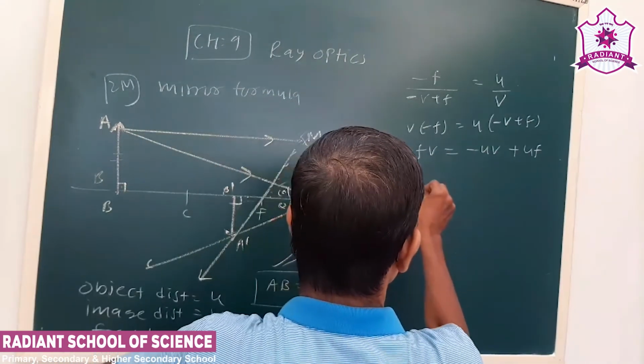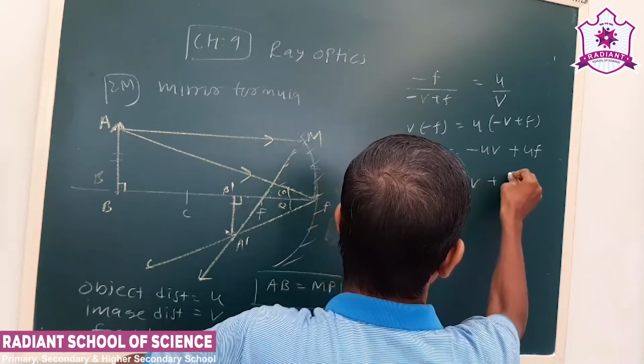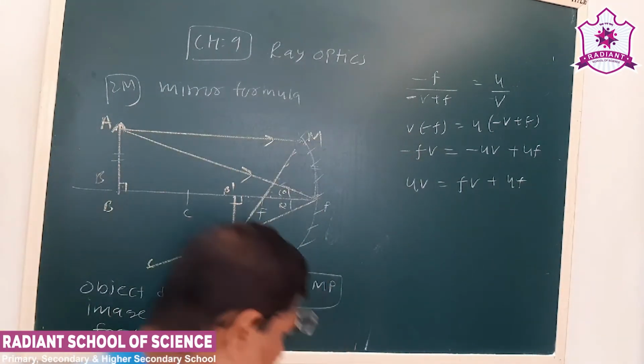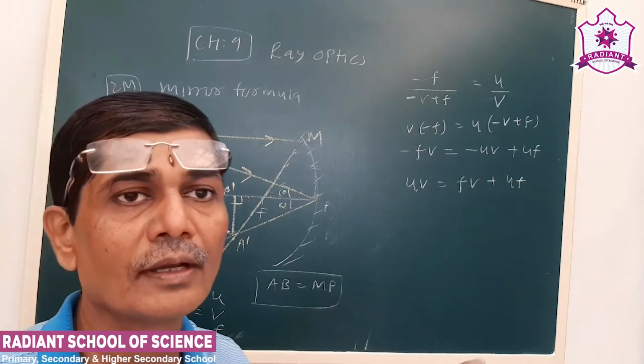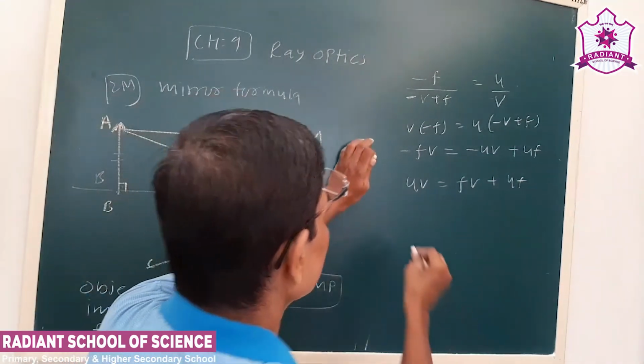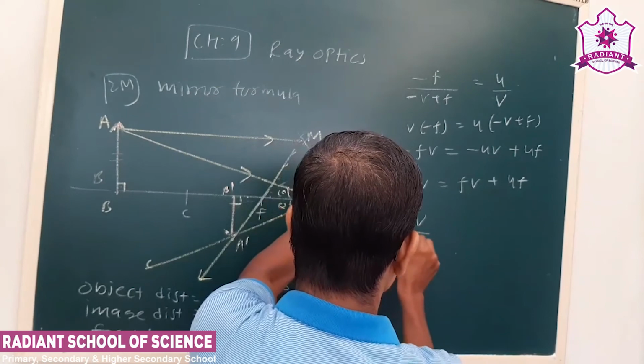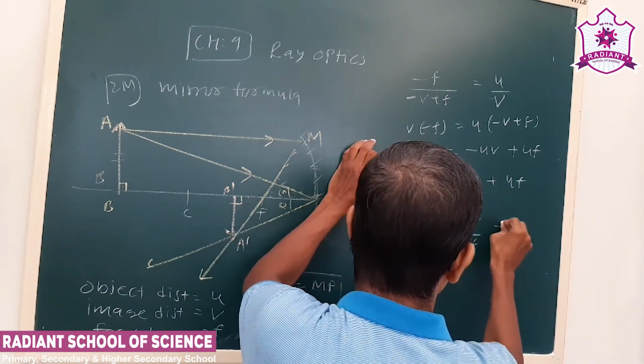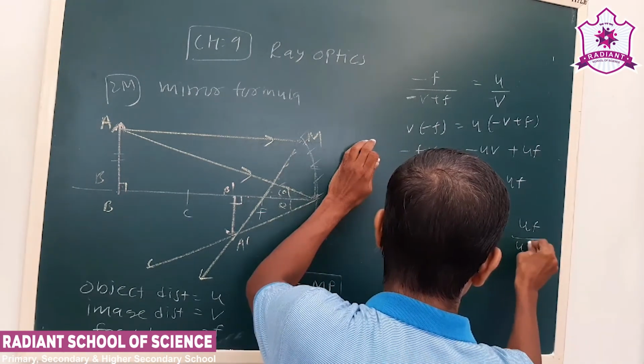So UV is equal to FV plus UF. Now I divide all the terms by UVF: UV upon UVF equals FV upon UVF plus UF upon UVF.